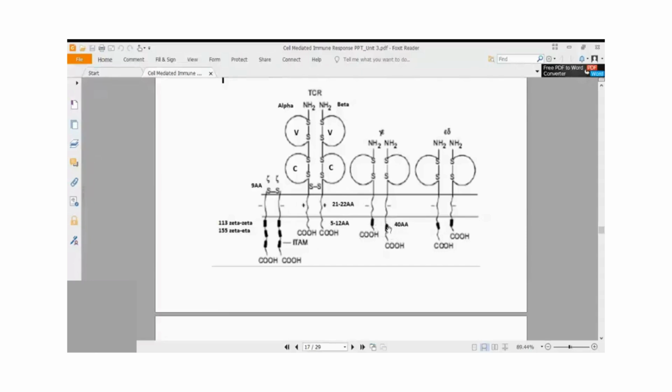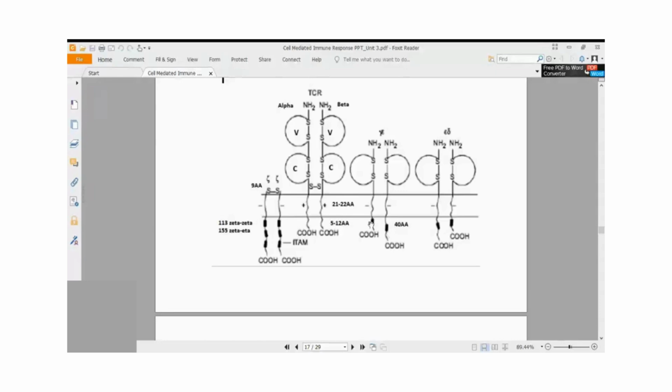And that ITAM is responsible because it is made up of tyrosine amino acid residues. It undergoes phosphorylation during signal transduction. The more ITAMs there are, the better the signal will be.